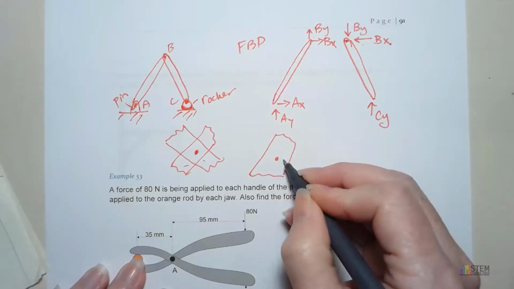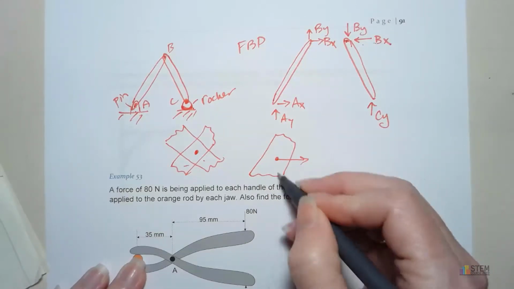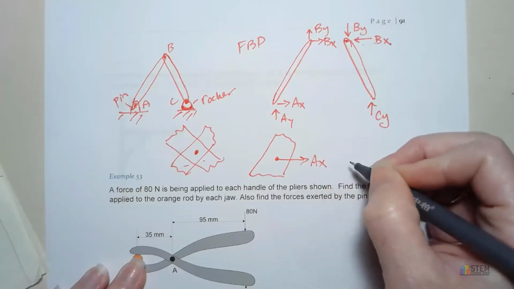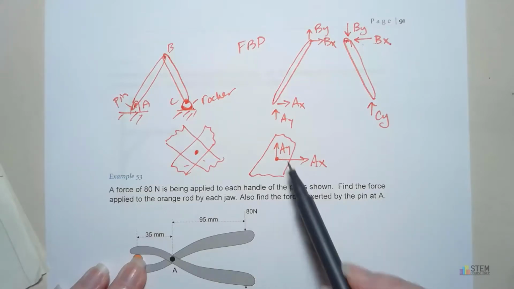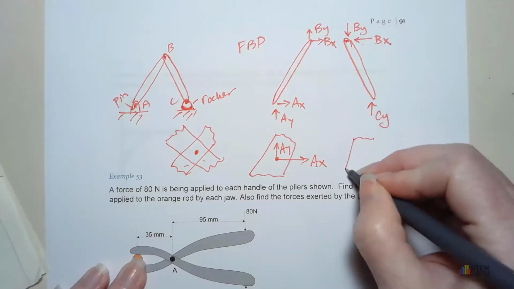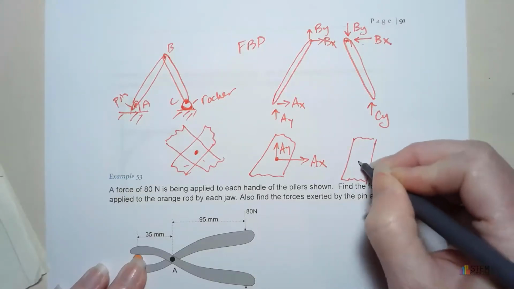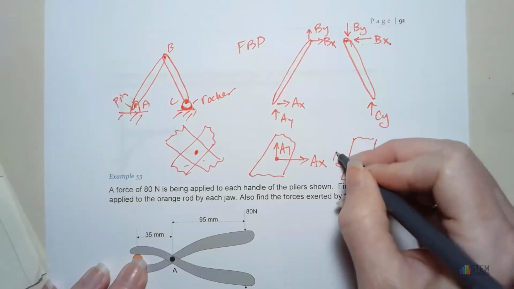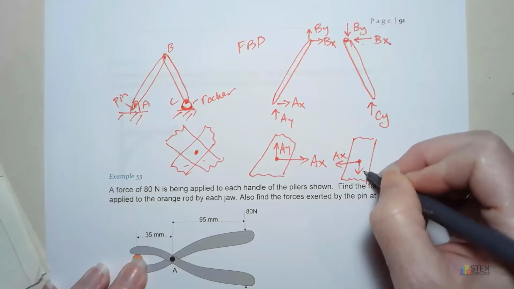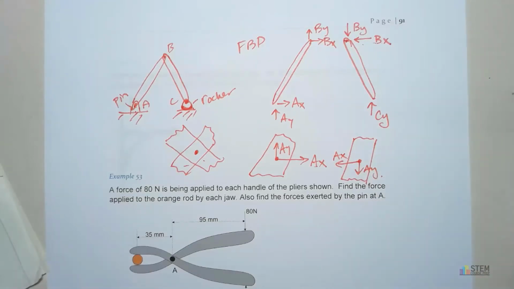And then for the pin, you would take the first drawing and assume positive direction. Remember, these are pins, so we have AX, AY. And then for this second member, we have to have equal, opposite, and collinear. So now we would have AX going to the left, AY going down. Right, so this is how these two things interact.